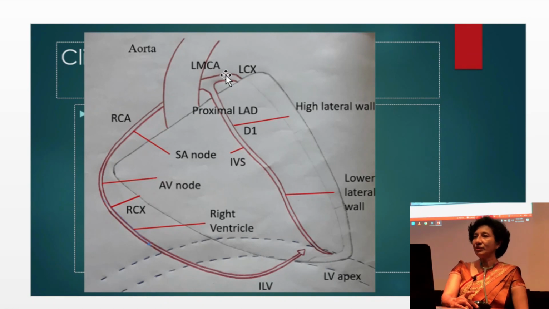In 30% of the population, this left circumflex comes down in the posterior interventricular groove and turns up and supplies the inferior wall of the left ventricle. In that kind of patient, the ECG will show acute inferior myocardial infarction with true posterior myocardial infarction. These are individual variations.